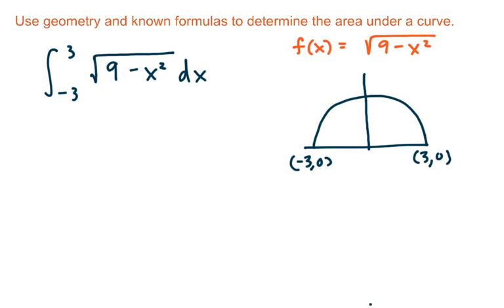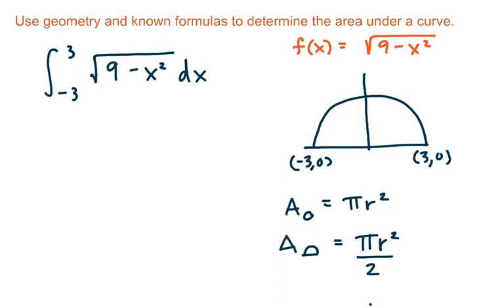So this is the area of a circle, and the area of a circle we know as a regular formula is pi r squared. So the area of half a circle, the area of some semicircular region, is pi r squared divided by 2. So this is a circle of radius 3. The area of the circle would be pi times 9.